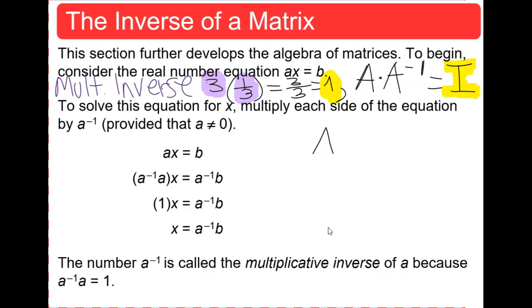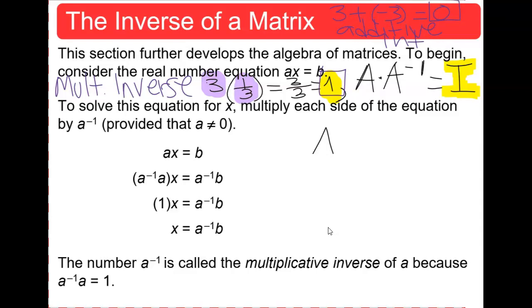The additive inverse, if we have a 3, what do we have to add to a 3 to get a 0? And so that will be -3. So additive inverses are different, and that is because the additive identity is 0. The multiplicative identity is 1. And that is when I talk about real numbers.